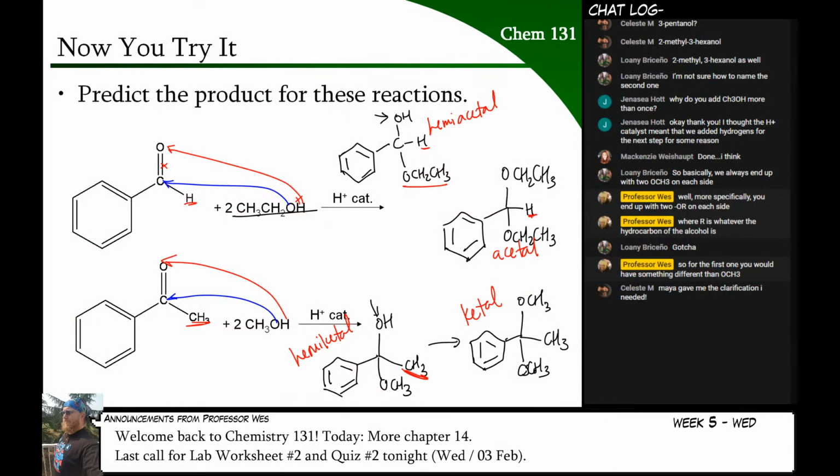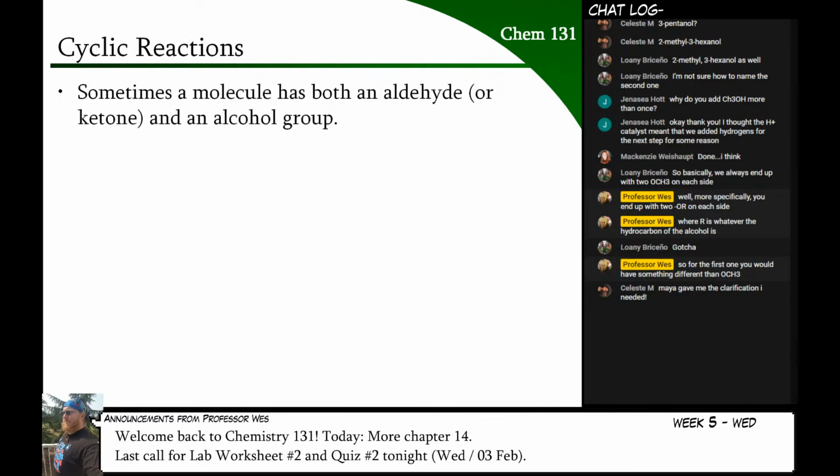Alright, so all these reactions with alcohols are neat and all, but why do we care? And the reason that we care is because let's suppose that you had a molecule that had both of these features on it, such as, say, a long-chain carbohydrate.